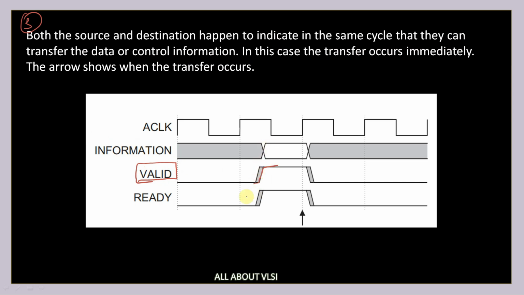At the same time, your ready signal can also become 1, indicating that it is ready to accept the data. If it is made 1 at this particular cycle, then in the next cycle this ready signal will be sampled by your master, and this point indicates that your transfer has occurred and it has completed successfully. So the third point is your valid and ready signal become high at the same time.